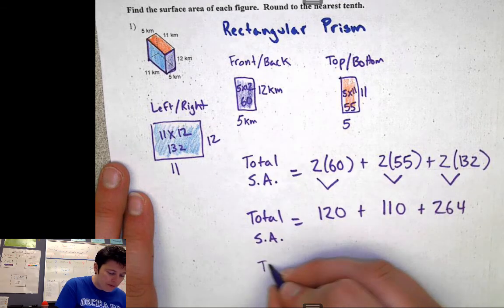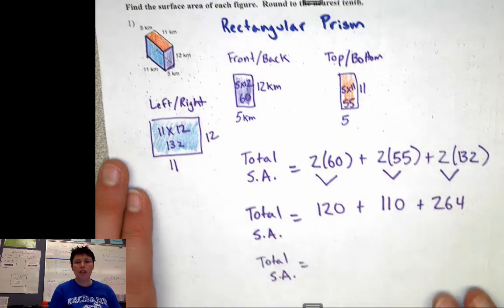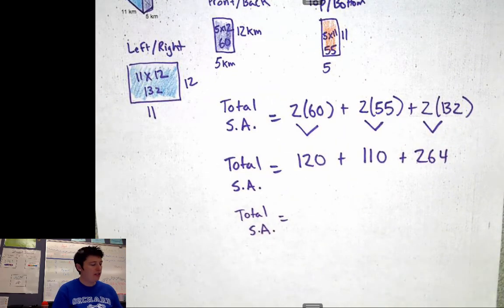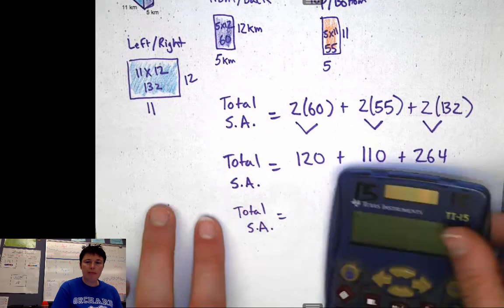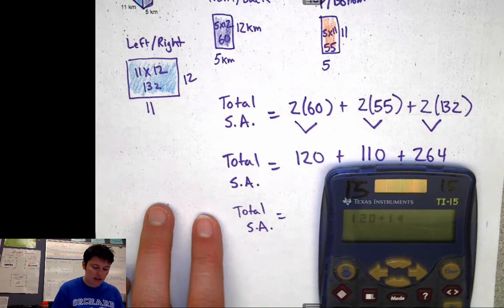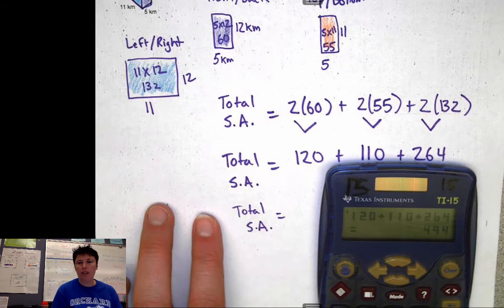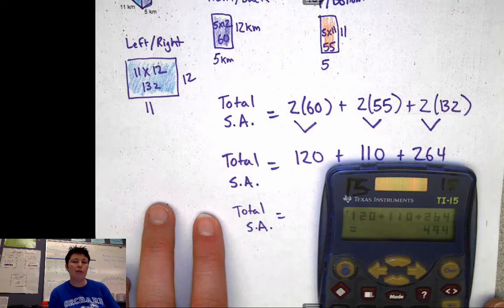So total surface area equals, we're almost there, we almost have our final answer here. So we've got to add up 120 plus 110 plus the 264. And that gives us a grand total of 494.